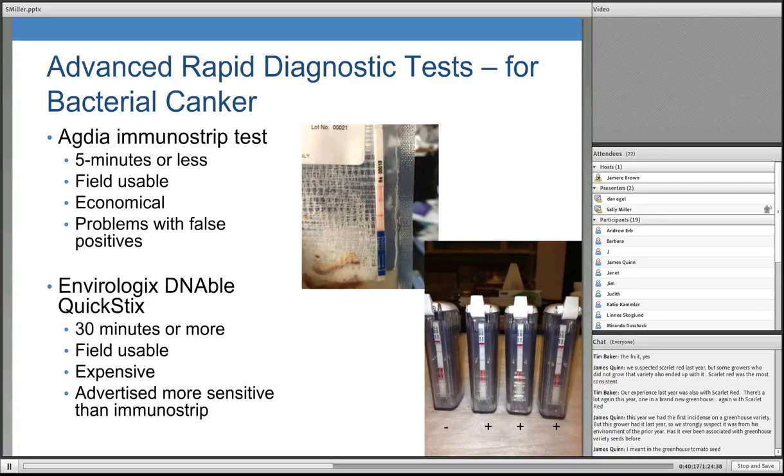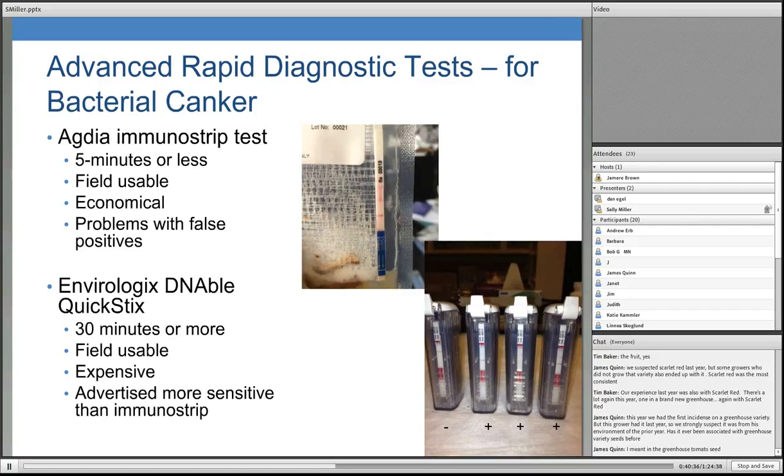This one is actually based on a DNA test, whereas the Agdia immunostrip is a serological test. For those of you who've had PCR tests run by other groups, like diagnostic labs, this is a type of PCR test, but it has multiple steps.